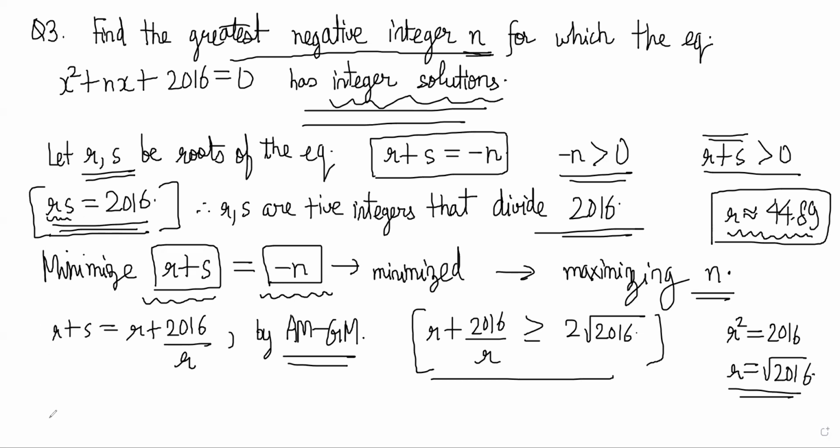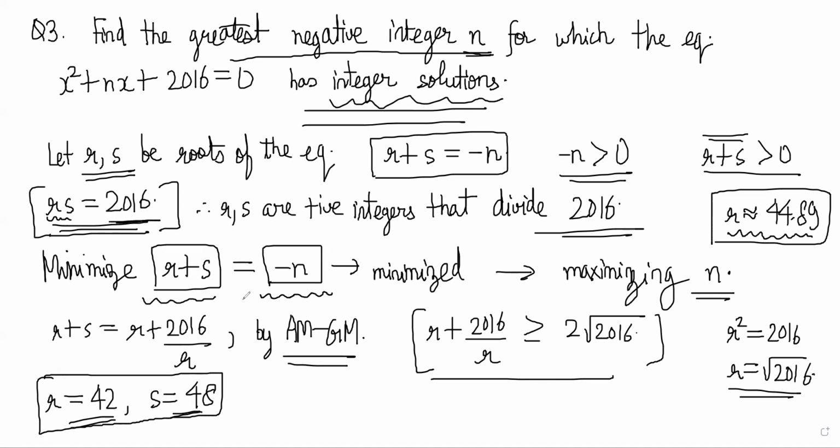So if you check some of the factors of 2016, you will realize R should be 42 and then S will be 48. Any integers close to 44.89, which both add up to 90, both add up to minus n, and product is 2016. Right? So this gives us R plus S is equal to minus n is equal to 90. So n is equal to minus 90.